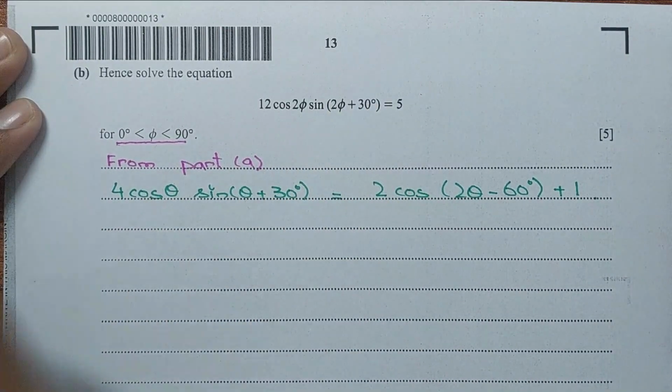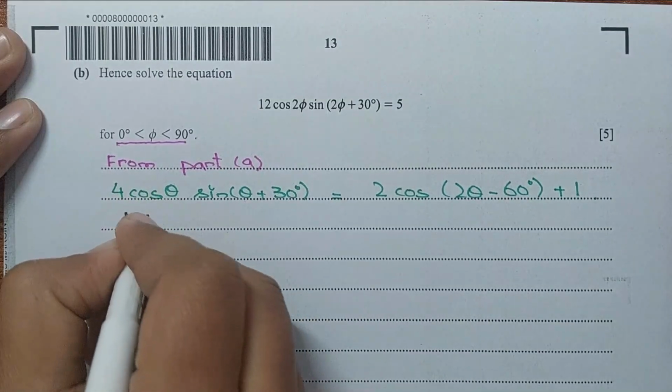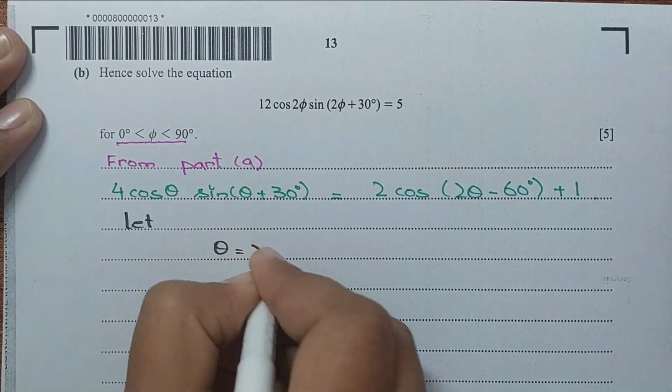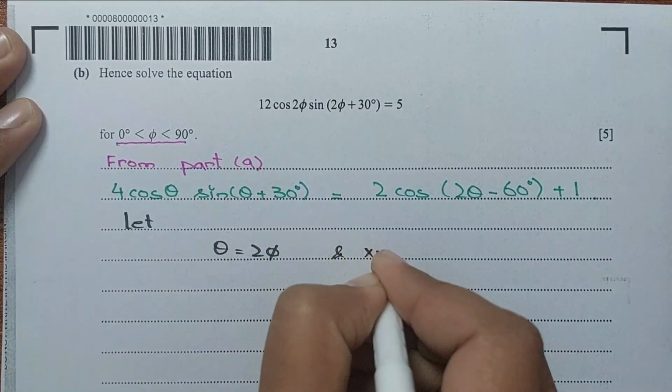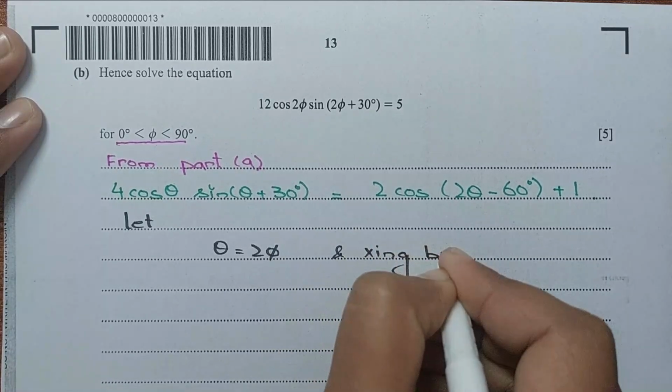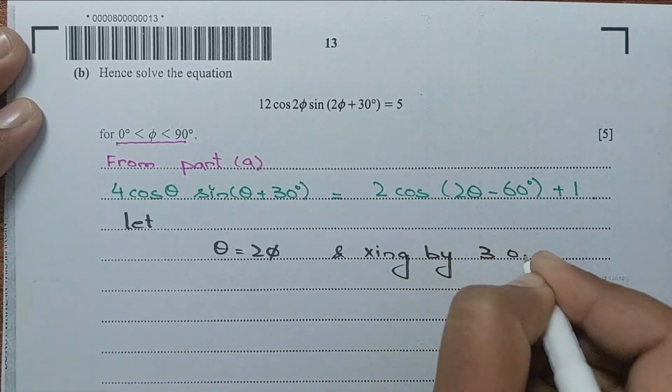So here we can let theta equal 2 phi and multiply by 3 on both sides.